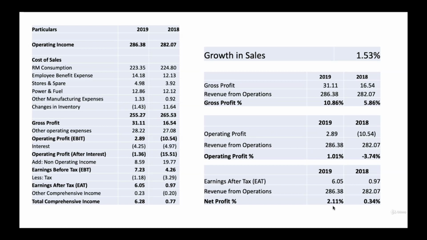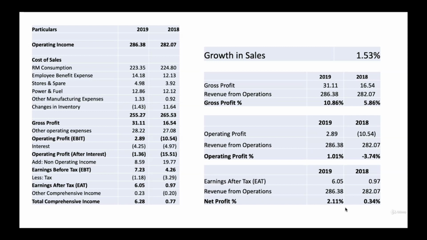So it looks like a significant jump, but actually we don't have a great reason to be happy here. The reason is this earnings after tax is a byproduct of the non-operating income. If this non-operating income is not there, this company would have still reported loss.